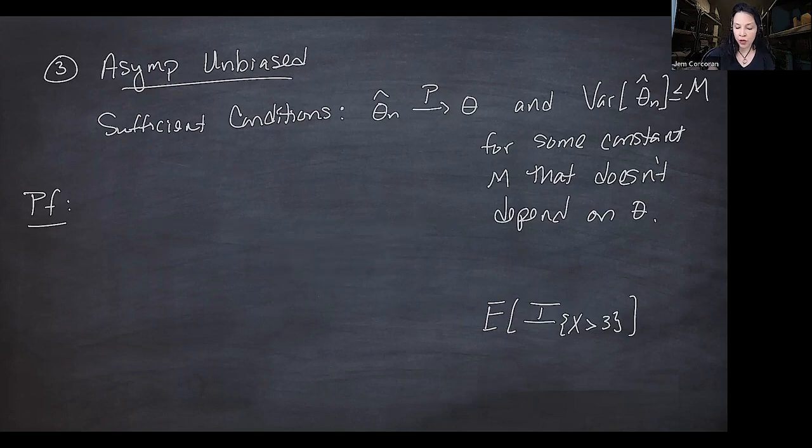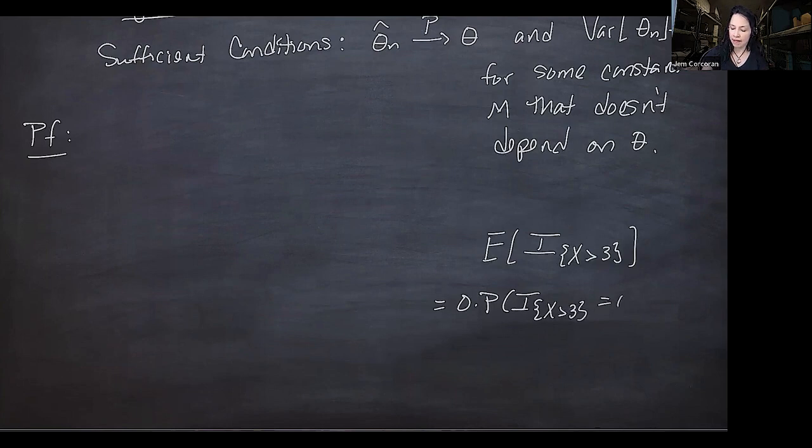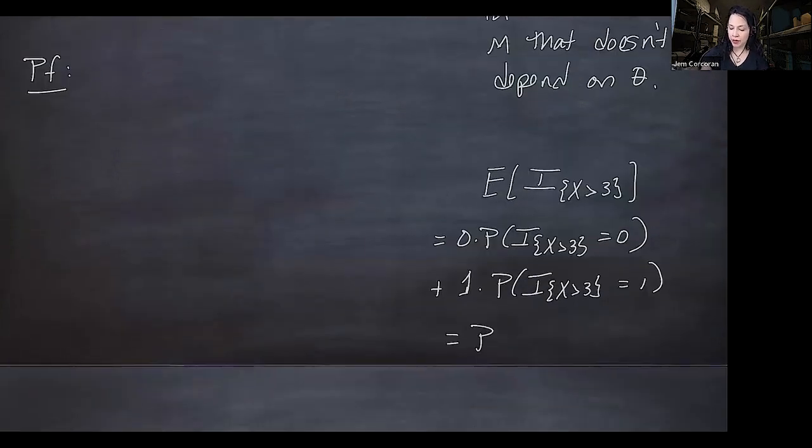No matter what, the random variable X could be continuous, but the indicator is always discrete, taking on 2 values. So this is going to be 0 times the probability the indicator is 0 plus 1 times the probability the indicator is 1, which leaves us with the probability the indicator is 1.